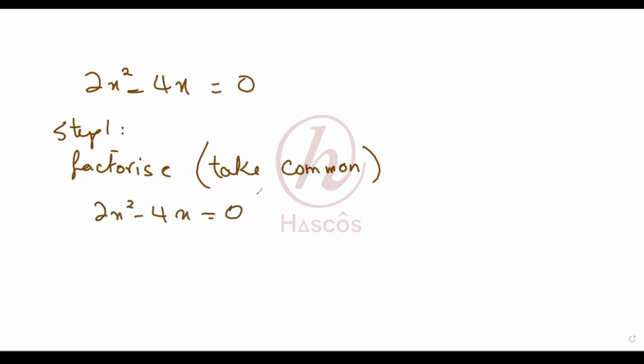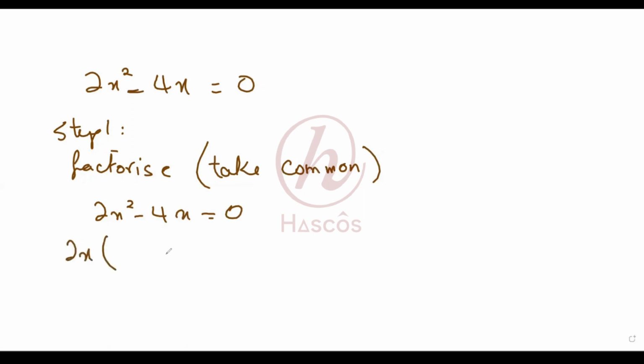2x square minus 4x equals 0. What do both of them have in common? Both of them have a 2 in common, meaning both of them can be divided by 2. Both of them have an x in common as well. 2x square has 2 x's, 4x has 1 x, so both of them have at least 1 x in common. So we're going to take 2x out as common.